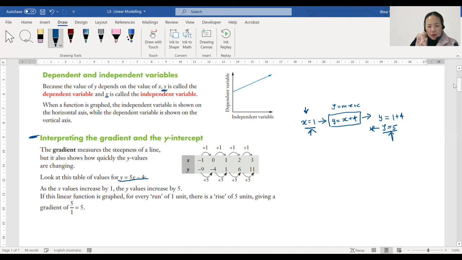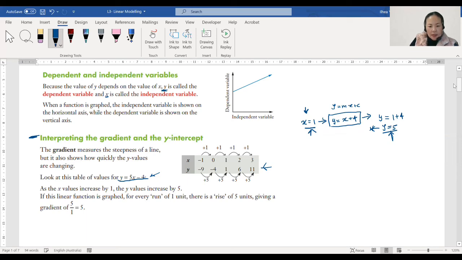Now, these are all the values already done for you. When we put minus 1, you will get minus 9 in y value. If I put x equals 0 into this equation, obviously I'll get minus 4. So that's the table of values already done for you for y equals 5x minus 4.